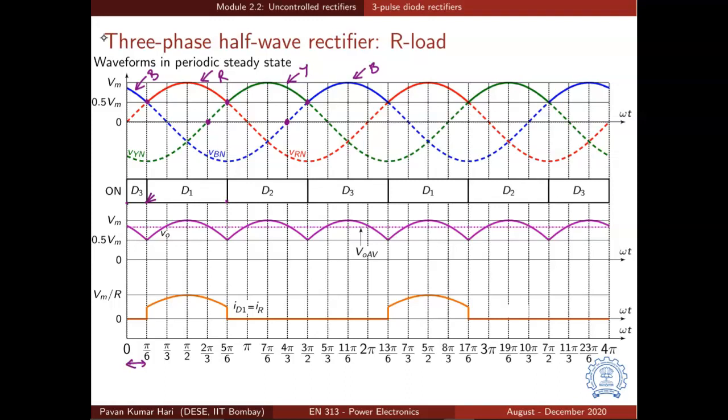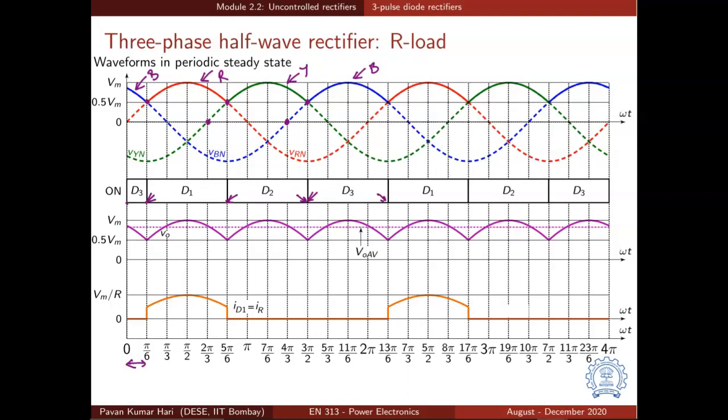And then D2 picks up the conduction. D2 will conduct from 150 degrees to 270 degrees, and then D3 starts conducting. It will conduct from 270 to the 30 degrees of the next cycle. This repeats in a cyclic manner. D1, D2, D3, they keep conducting.